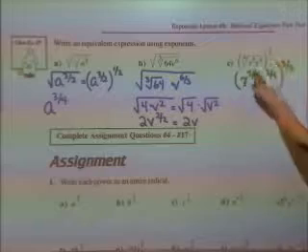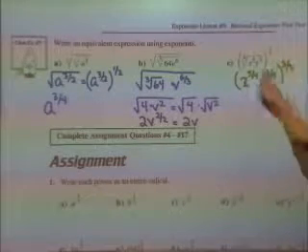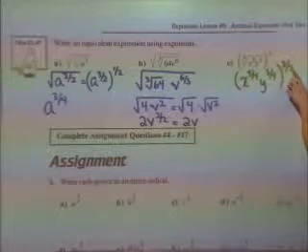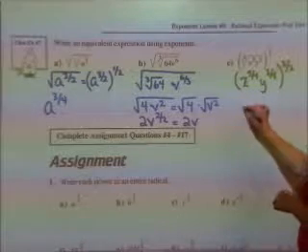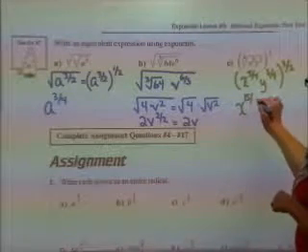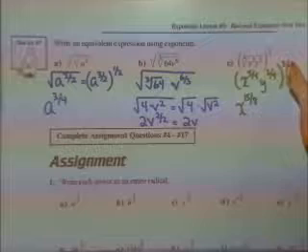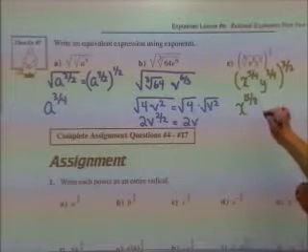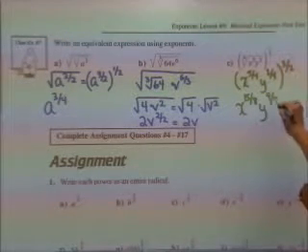So then I'm going to multiply these exponents together. 5 quarters times 3 halves becomes 15/8. And 3 quarters times 3 halves becomes 9/8.